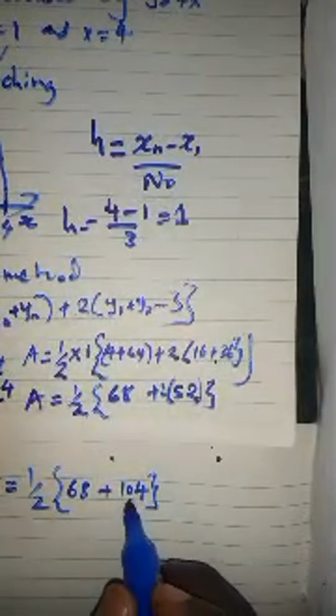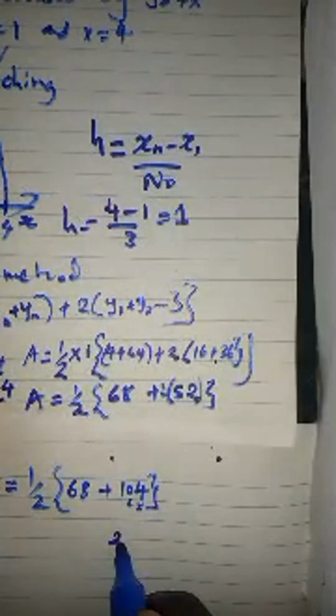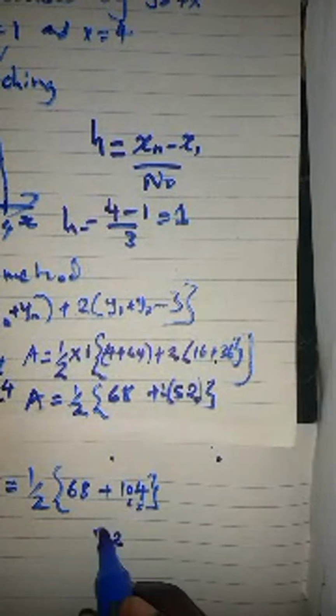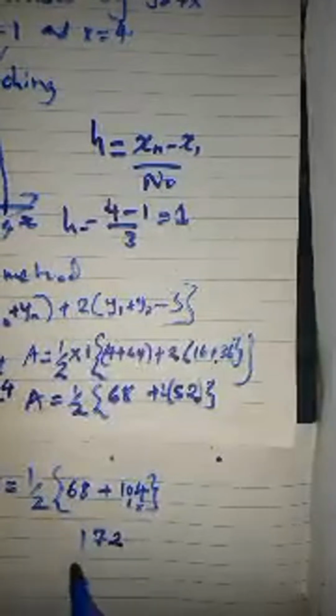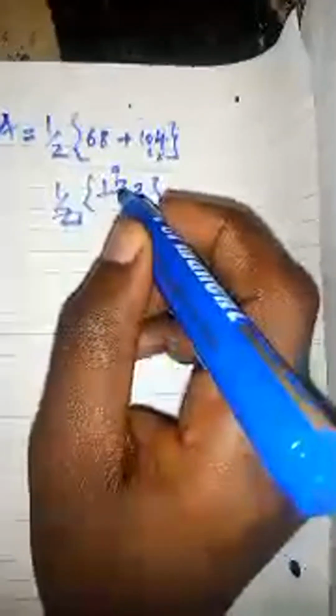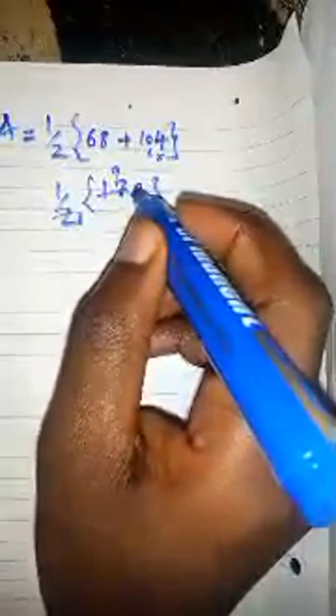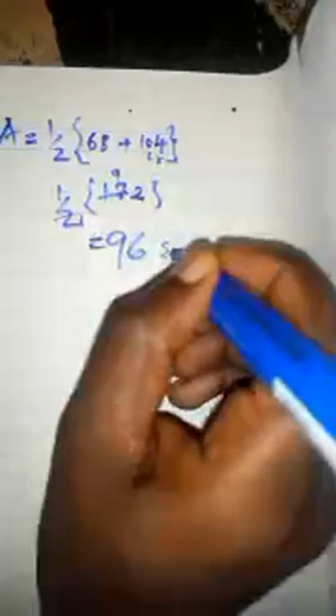If you take 104, you add 68, you are going to get 172, multiplied by a half. 172 multiplied by a half is 86 square units.